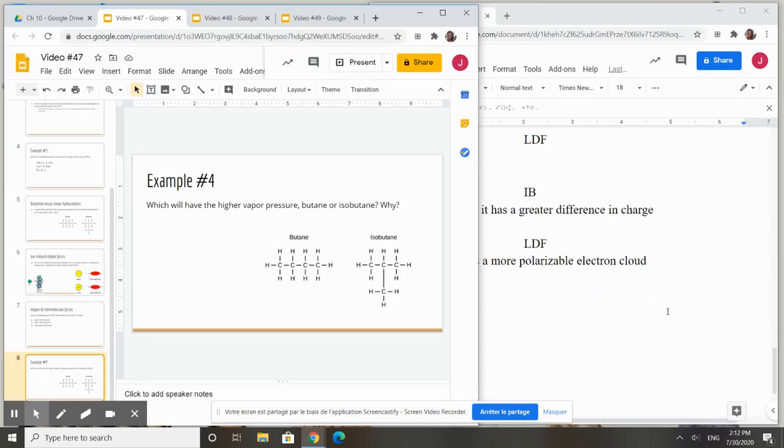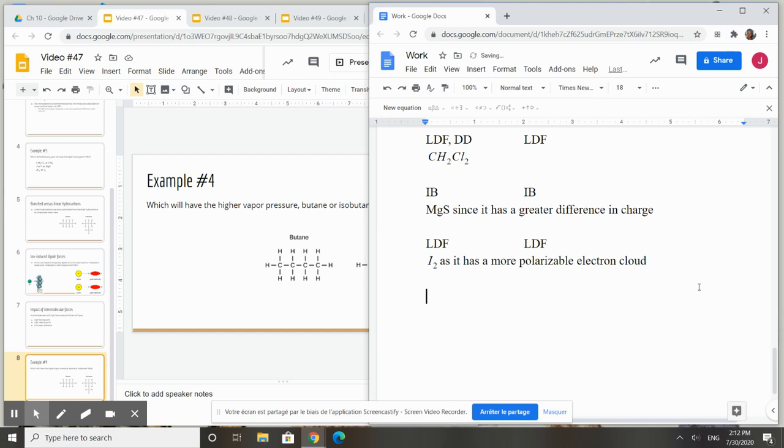So we've got two substances here, and we want the one with higher vapor pressure. That means we want the one with lower intermolecular forces. In this case, we have butane and isobutane, so it's going to be the branched one. In this case, it will be isobutane.